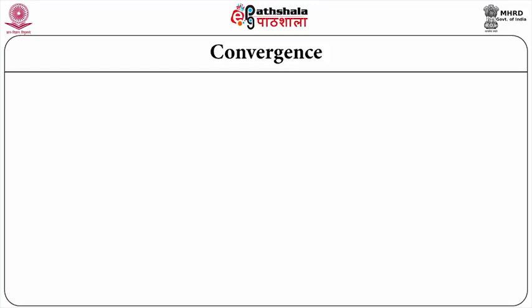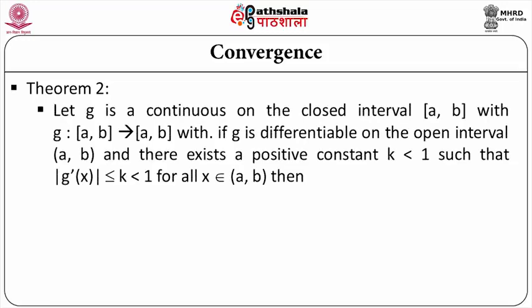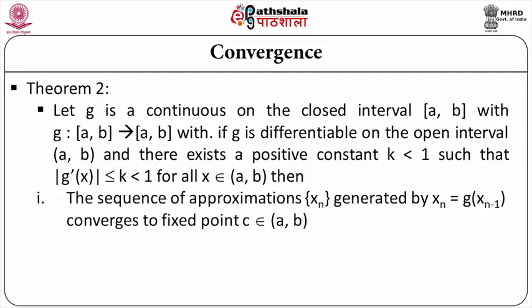Now, the second theorem helps us with this derivative of G. This theorem tells us that if G is continuous on the closed interval [a, b] with the domain and range both lying in the interval [a, b], and G is differentiable on the open interval (a, b) with the absolute value of the derivative of G less than 1 on the entire open interval, then the sequence of approximations which we have used in our formula, x n plus 1 is equal to G of x n, will converge to the fixed point.